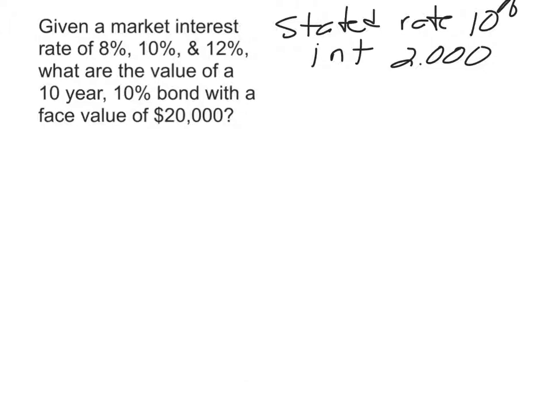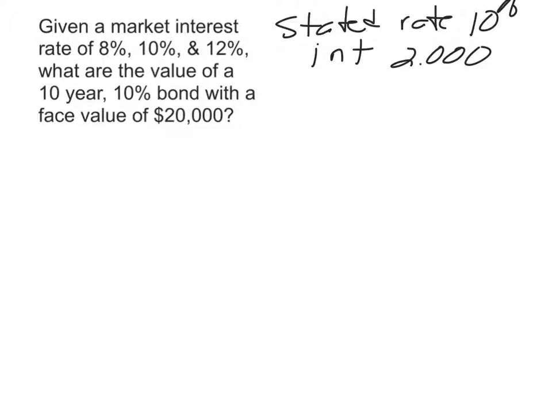Then the second thing is, at the end, there's no payment all along, but at the end, the face value of the $20,000 is going to be paid back to the bondholders. So we need to know that amount. So we've got present value of a dollar. So your bond is a combination of the present value of a dollar for the $20,000 principal payment and the present value of all those annuity payments.